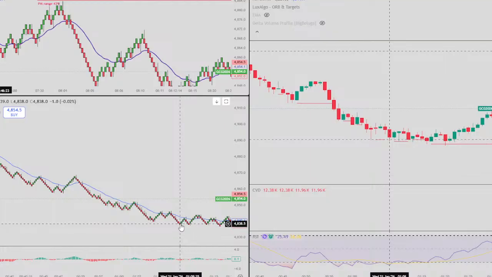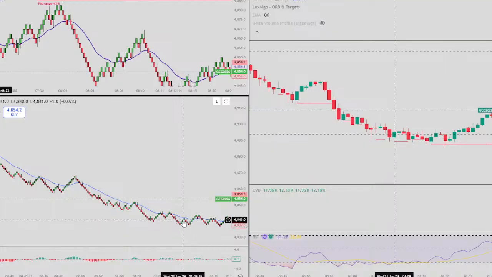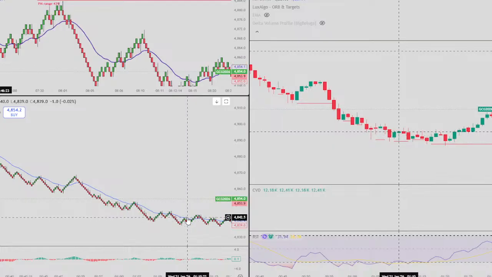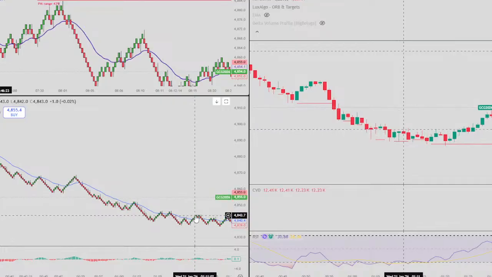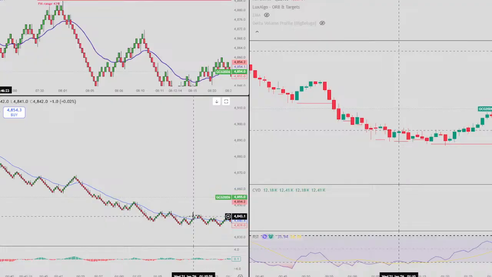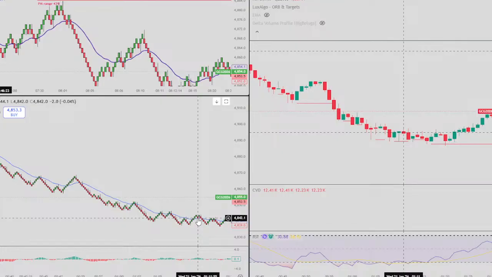Then we have our new low. This candle closes above, which is good. This candle also has to close above, which it does, right there. So now you're looking for a pullback, which is right here. There's your pullback.